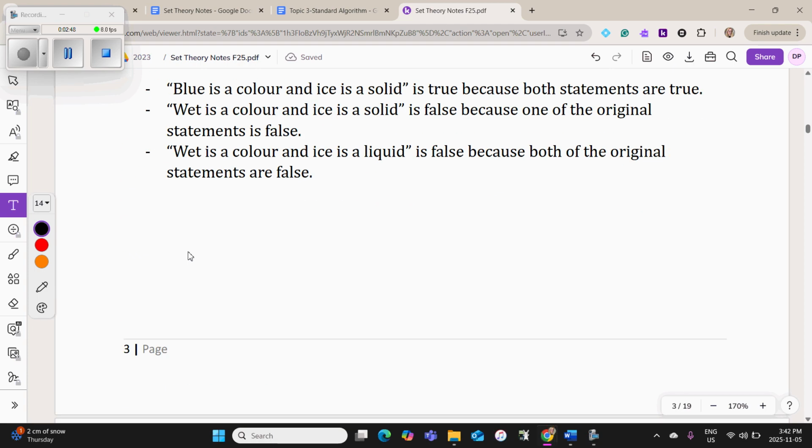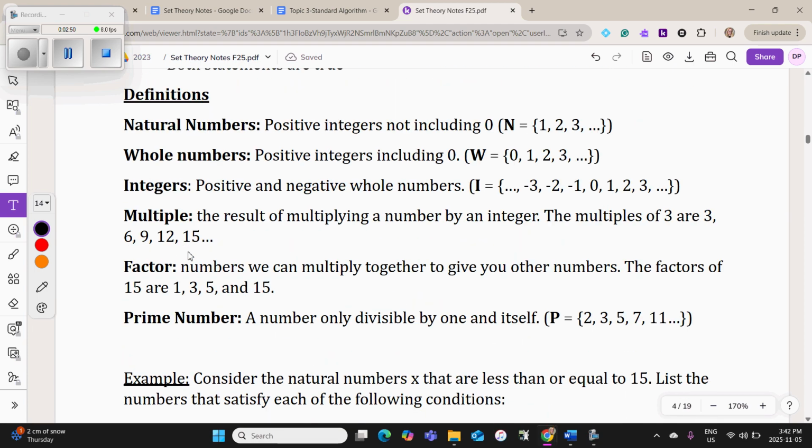a couple pages to show you the definition of a prime number. So if you see here, I've got the definitions down for you just a little bit later, a prime number. So if you don't know what a prime number is, it is a number that is only divisible by 1 and itself.